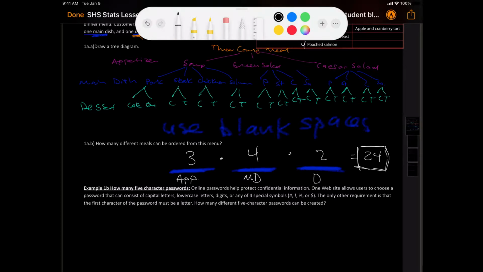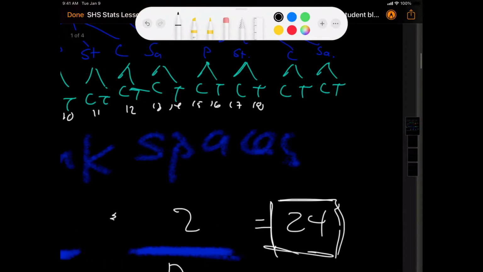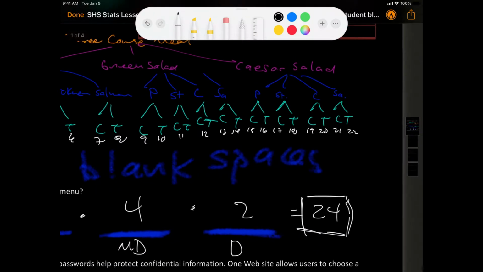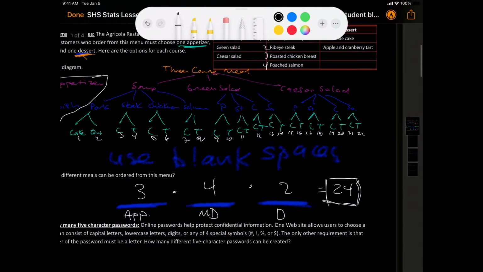And if you think about it, if you went back up to our diagram, 1, 2, 3, 4, 5, 6, 7, 8, 9, 10, 11, 12, 13, 14, 15, 16, 17, 18, 19, 20, 21, 22. I missed something. Uh-oh, what happened?